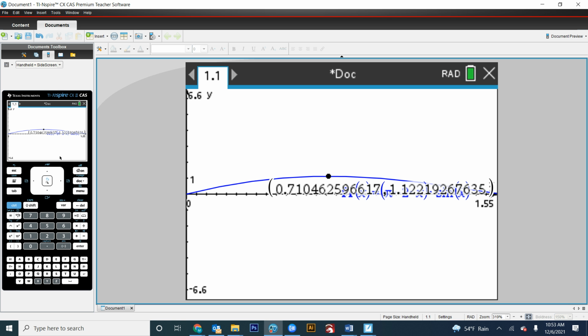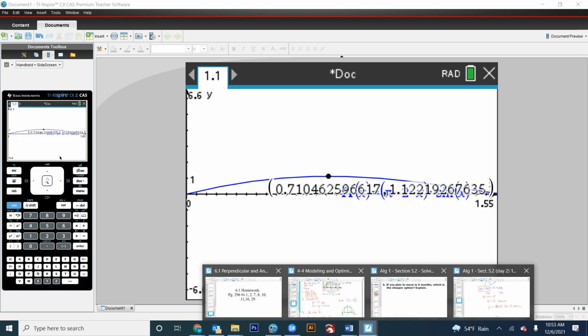We're not done. Here we go. 0.710. Now be careful, friends. What's 0.710? In the context of our problem, when we graphed the function, the x value of our point represents what on our picture?